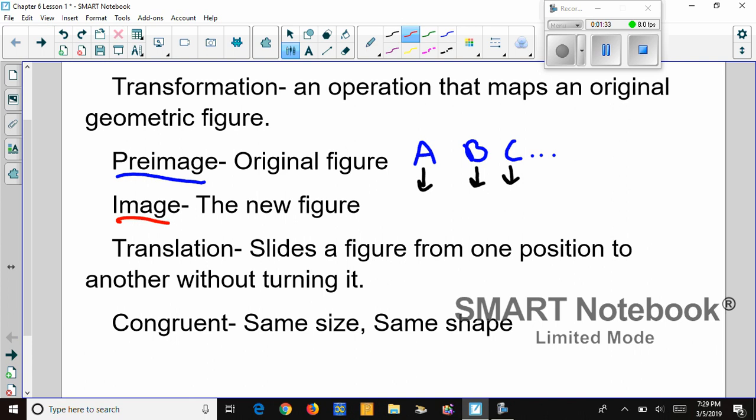That image, being a derivative or coming from the pre-image, has a new name. We denote it with a hash mark that means prime. So point A becomes A prime. Point B becomes B prime. Point C becomes C prime.